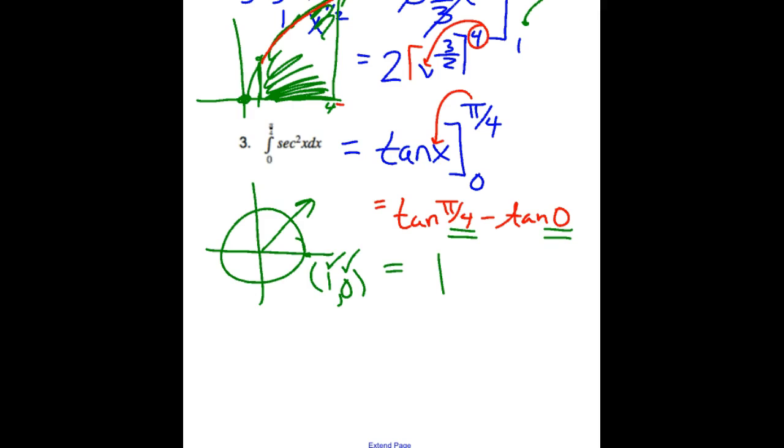So 100% sure what's tan 0? 0, but they won't all be that easy. They'll always be on the unit circle, but there might be like a 2 pi over 3 or a 7 pi over 6 or something. So you really have to be good at your unit circle without looking it up. So you have to just be careful with that.